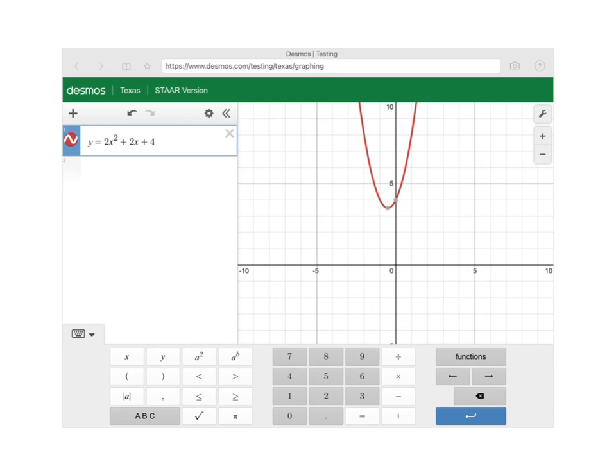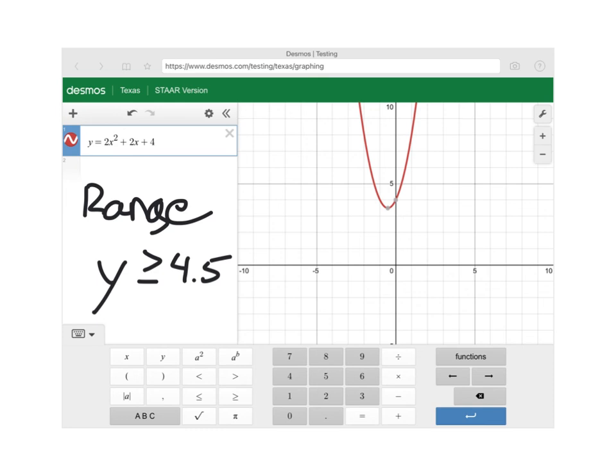So on this one, the range would be our set of y values that are greater than or equal to 4.5. Or you could see this written as a fraction sometimes, but 4.5 is your range for this one. Everything greater than or everything above 4.5 is included in the range.